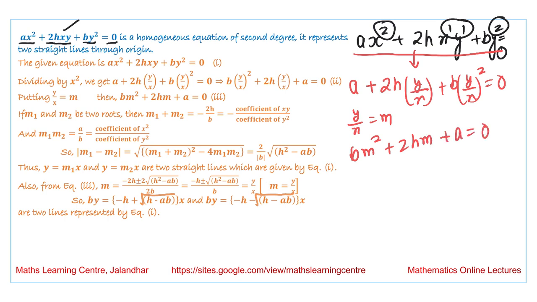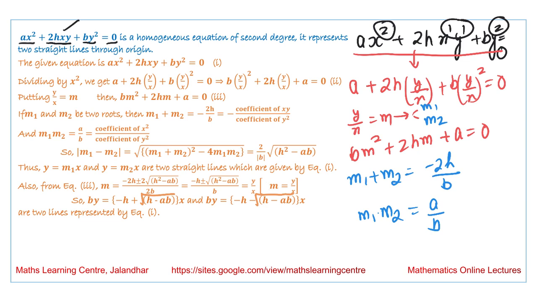If m1 and m2 are the two roots, then m1 plus m2 is equal to minus 2h by b, and m1 into m2 is equal to a by b, that is coefficient of x square by coefficient of y square.